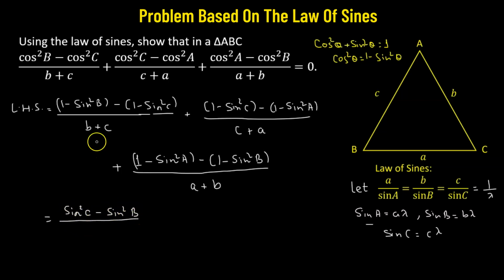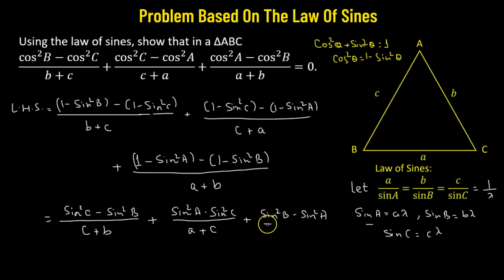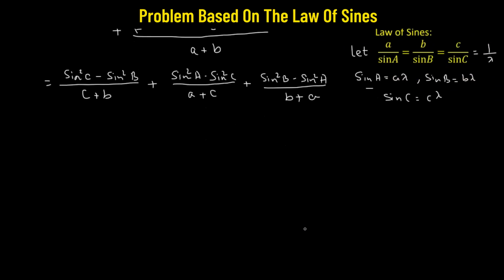Now the denominator, since addition is commutative, b plus c can also be expressed as c plus b, plus the second term. So here we have sine squared A minus sine squared C whole divided by a plus c, plus the third term, which is sine squared B minus sine squared A whole divided by b plus a. Now let's replace the values of sine A, sine B, sine C with the respective values. So in the numerator, we're going to get lambda squared as the common factor.